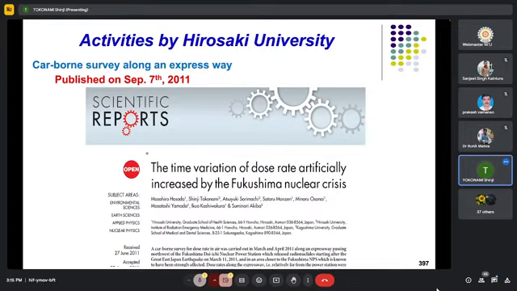This is a paper based on our survey: time variation of dose rate artificially increased by the Fukushima nuclear crisis. So, 2011, June. My son is missing.